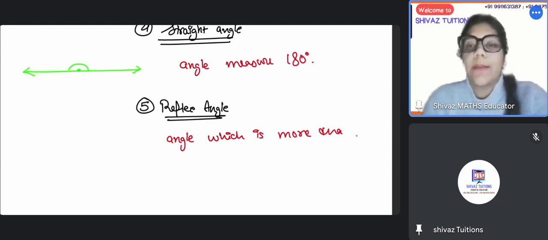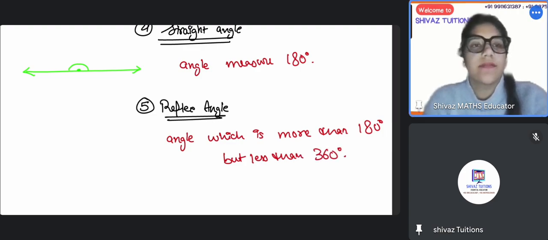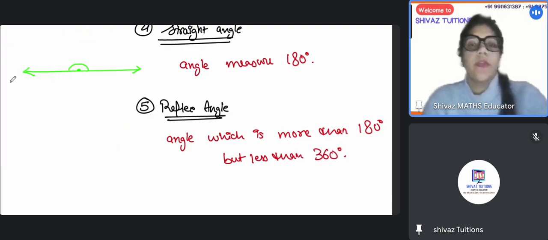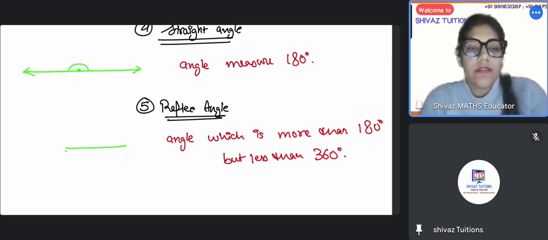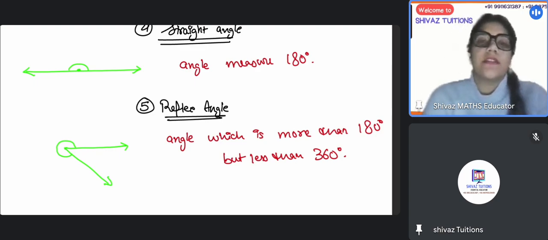Yes, Gurinder, what happened? Miss, have some water. Yeah, of course you can. Okay, how does a reflex angle look? It looks like this. And this is the complete measurement of your angle. That's why it is more than 180 degrees and less than 360 degrees.